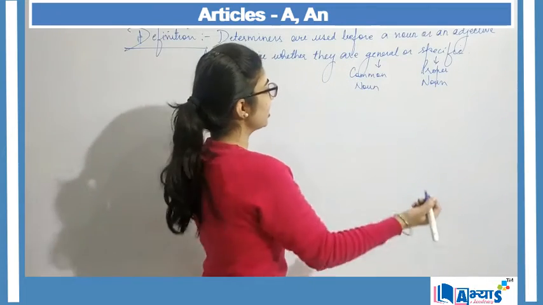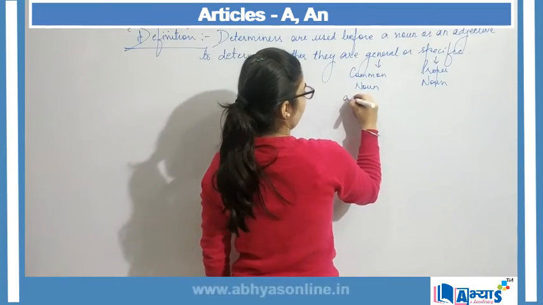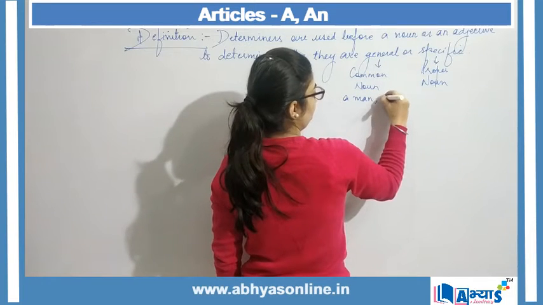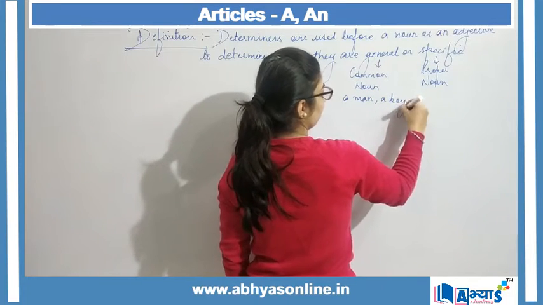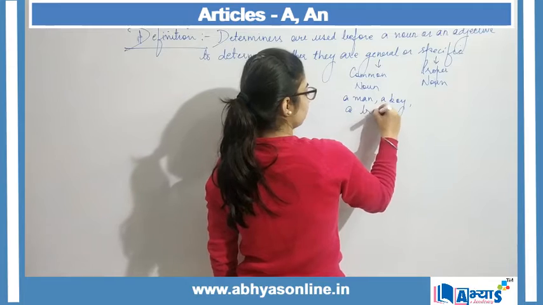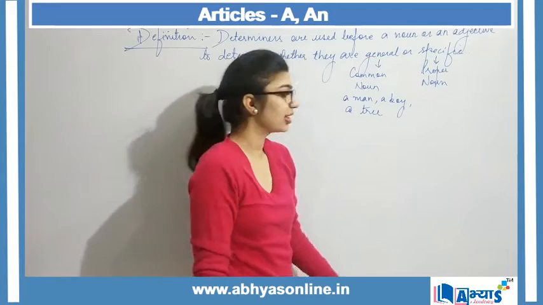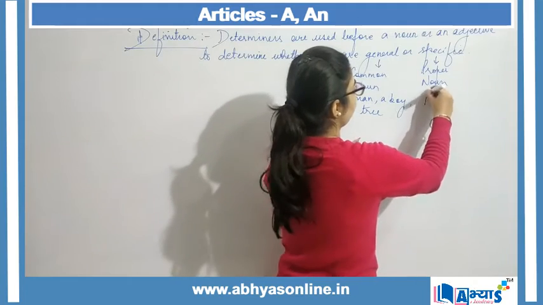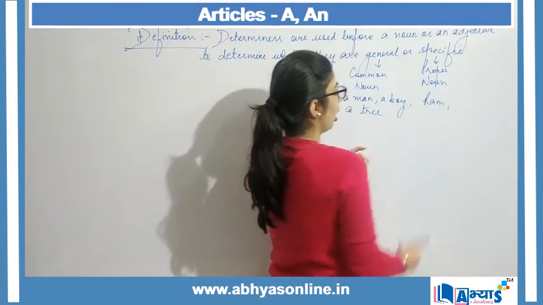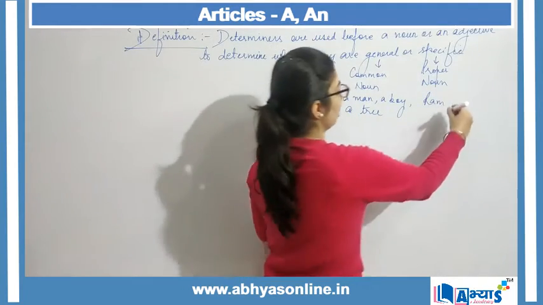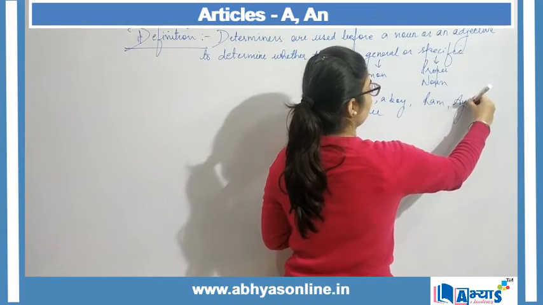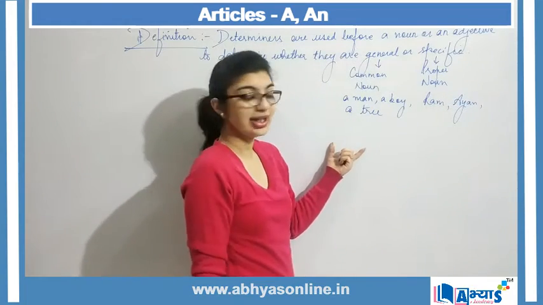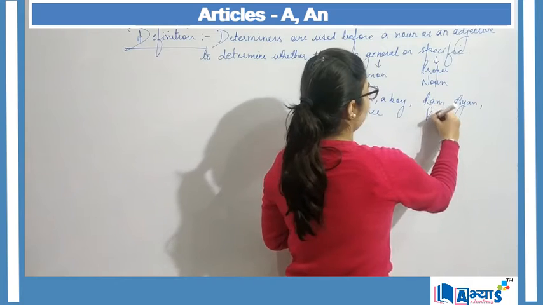Now example, I say a man, a boy, a tree, right? Now a man can be Ram, a boy can be Ayan, and a tree can be palm tree.